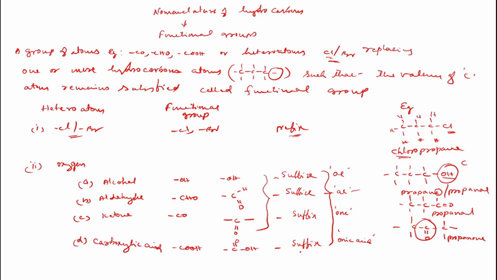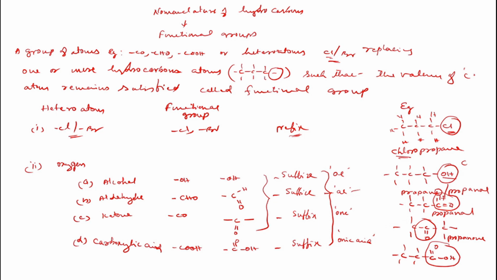Okay. Now carboxylic acid we will see. See, this is no problem. Carbon. So last you have to OH and double bond O. See, these are all the functional groups. Here chlorine is the functional group. Here OH is the functional group.